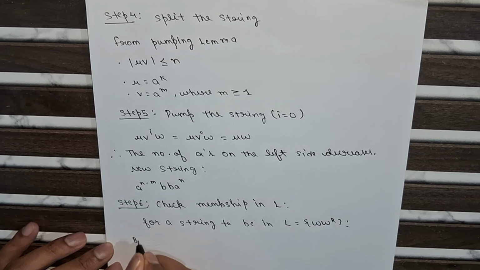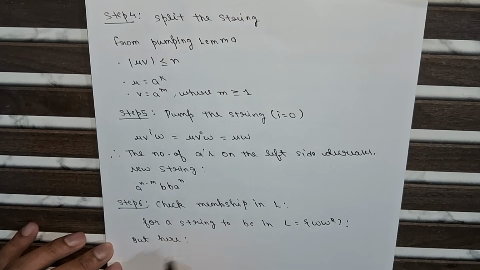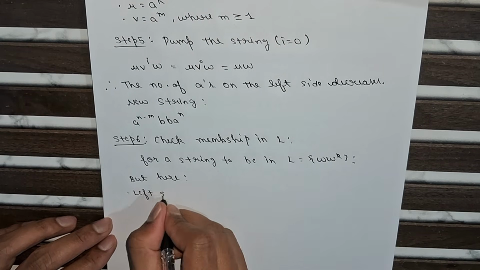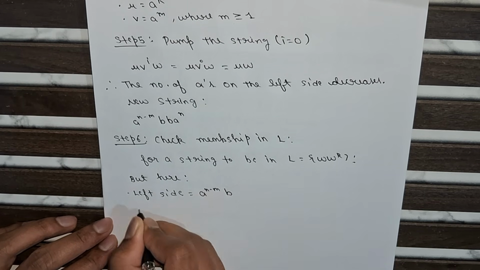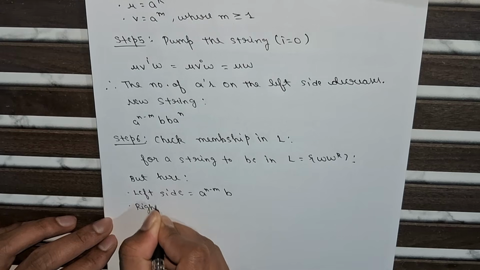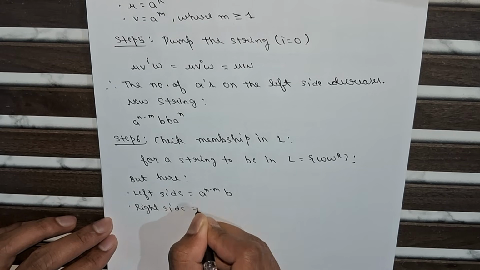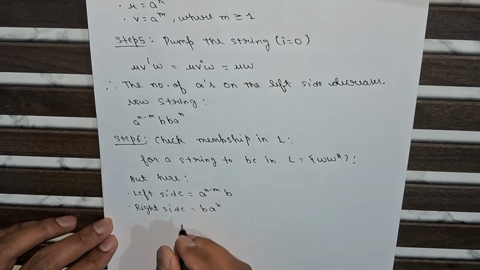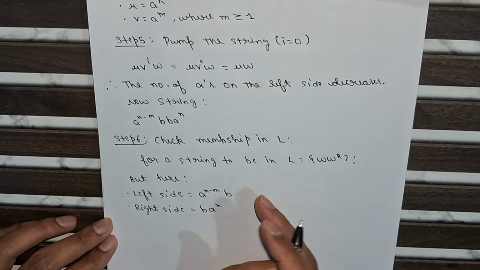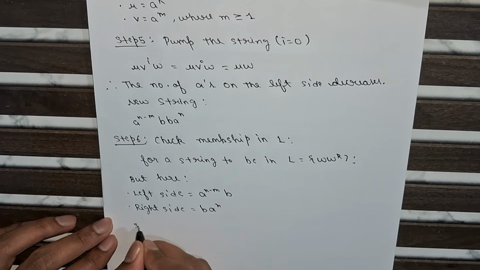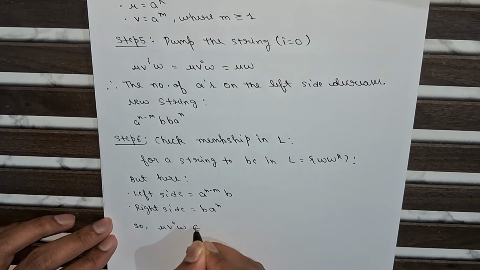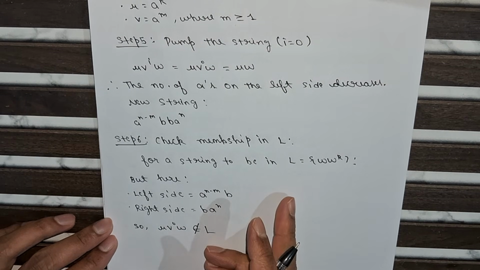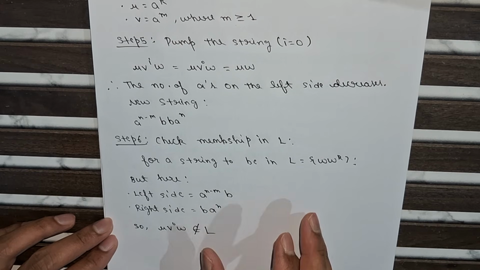But here the left side is a^(n-m) b and the right side is b a^n. These two are not reverses of each other, so u v^0 w does not belong to the language, so it contradicts.